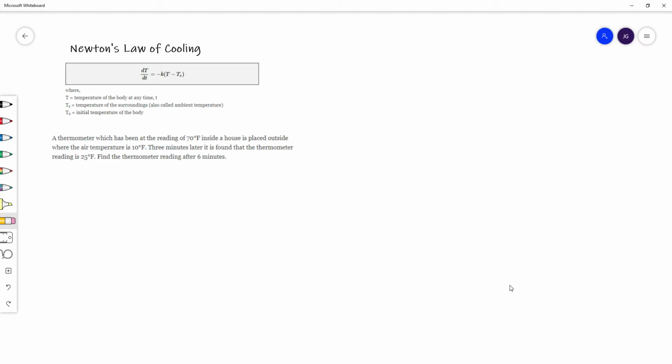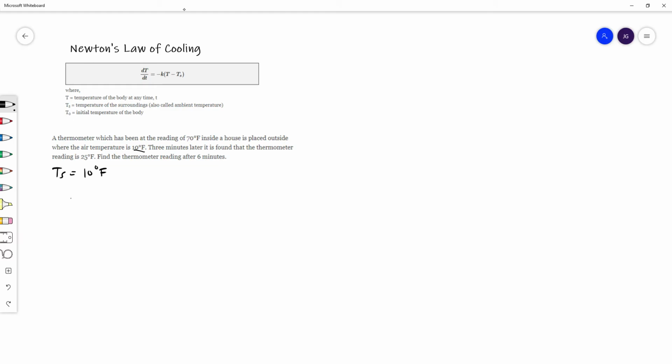Okay, for the first step, we need to find what is the Ts, and our Ts here is the temperature of the surroundings, which is the 10 degrees Fahrenheit. So this is our Ts, equal to 10 degrees Fahrenheit.